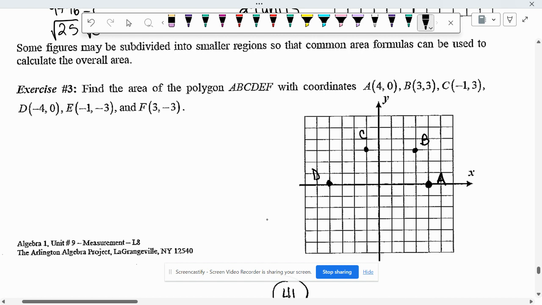Point E is the ordered pair (-1, -3). And point F is the ordered pair (3, -3). So A, B, C, D, E, F, back to A.